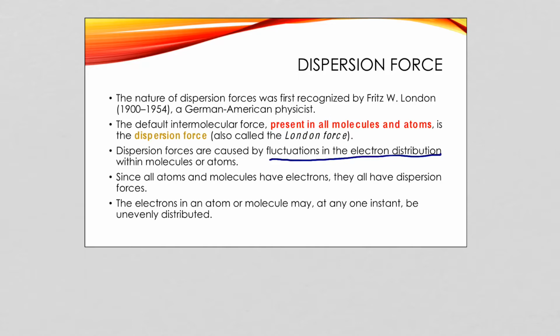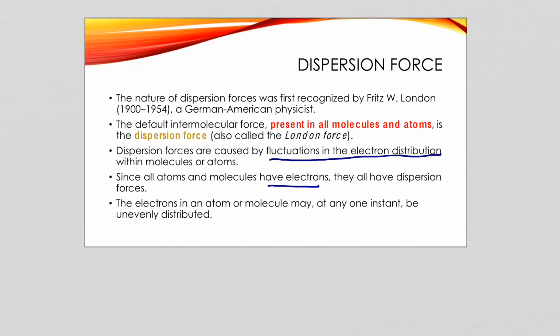Now, all atoms and molecules have electrons in their orbitals that we talked about back in Chapter 9. Around the atom, we have these electrons that exist in areas of space that we call orbitals. And since all atoms and molecules have orbitals and have electrons in them, they all have some quantity of dispersion force.